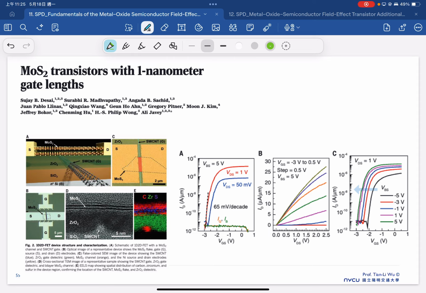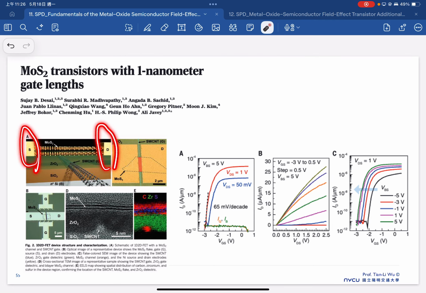If you look at some key figures for this publication, for sure, normally they will show the device structure. So this is their device structure. We have the source and drain here, and then they use a carbon nanotube as a gate.